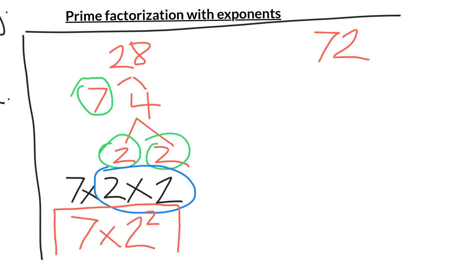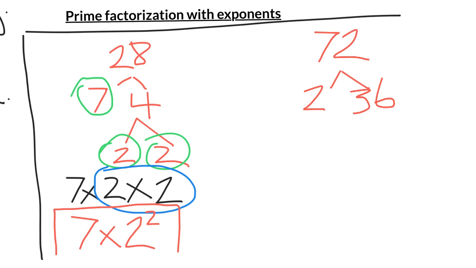But 72 is a really big number, and I'm just not sure about it. But I know that it's even. So if I know it's even, that means that 2 times something gets 72. So even if you're stuck on an even number like this, you know you can pick the number 2. Now I just have to figure out what half of 72 is. So let's see here. I know 35 times 2 is 70, so it would have to be 36. So I have 2 and 36.